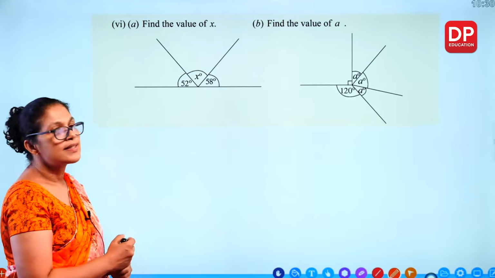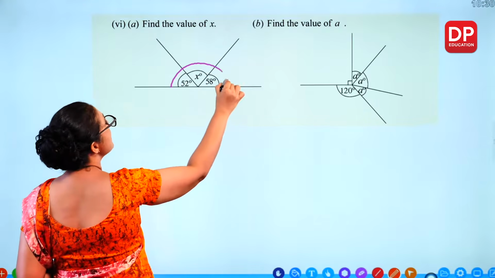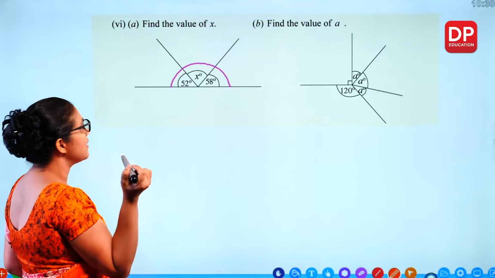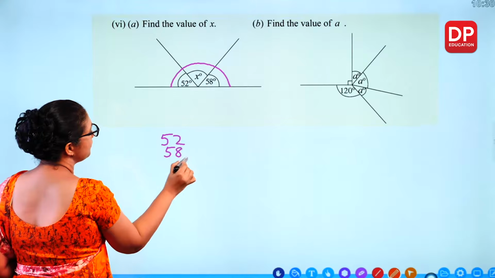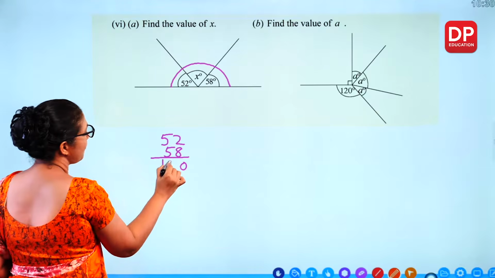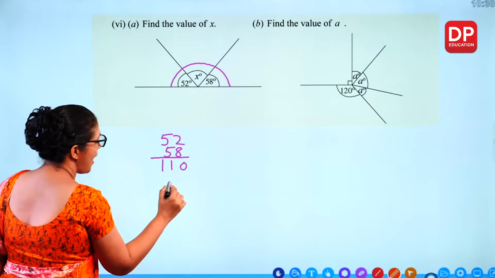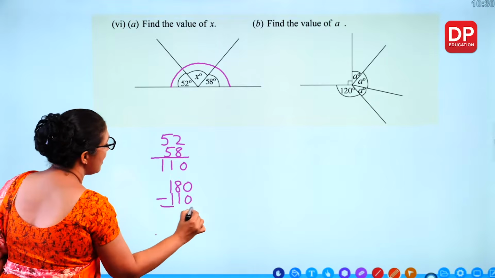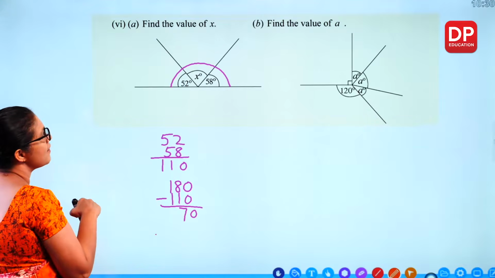Find the value of x. So this is a straight line. What do you know about this straight line? That adds up to 180, straight angle. So we'll do 52 plus 58 first. 110. Now we can subtract from 180 to get the other angle. So the other angle is 70.